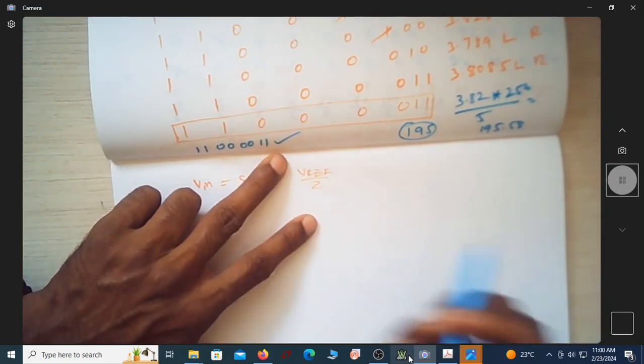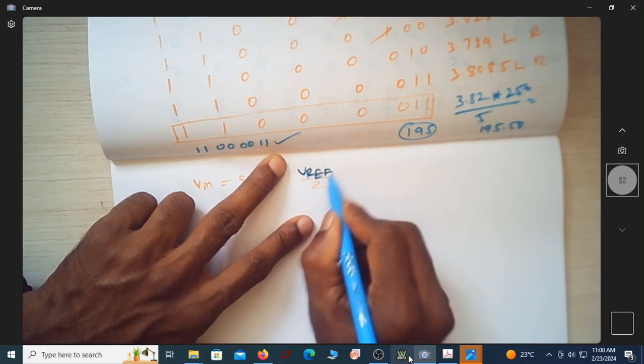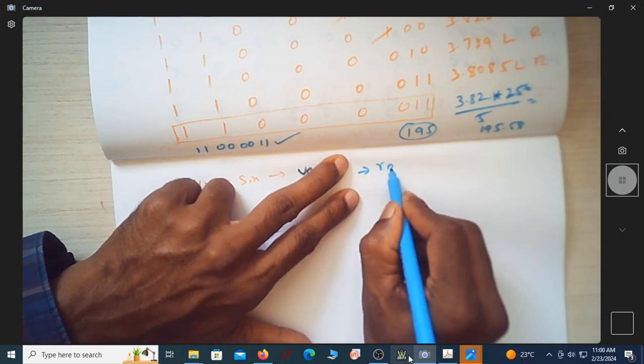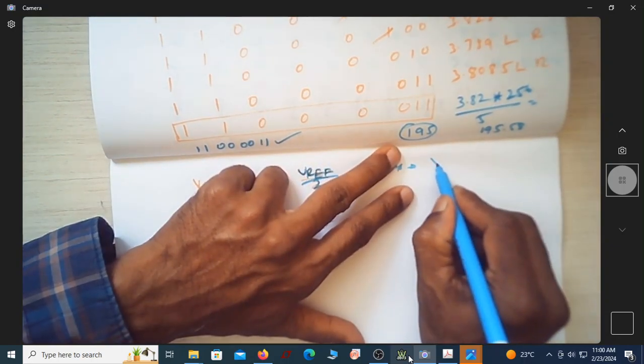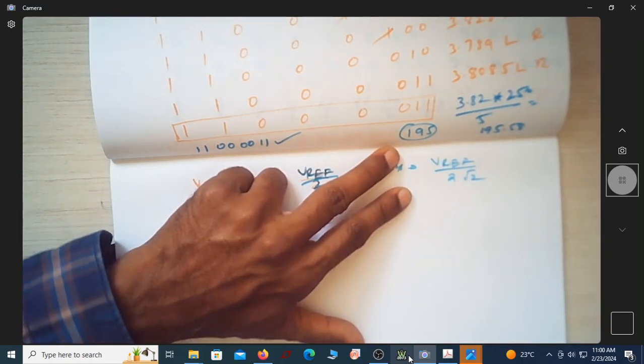If this is the peak of your sine wave, then its RMS value is V reference by 2 into 1 over root 2.